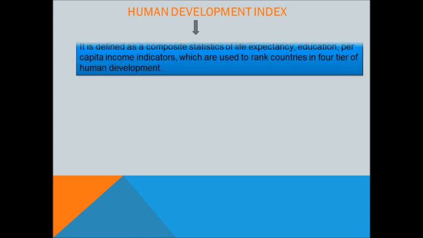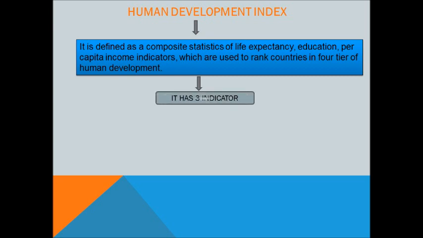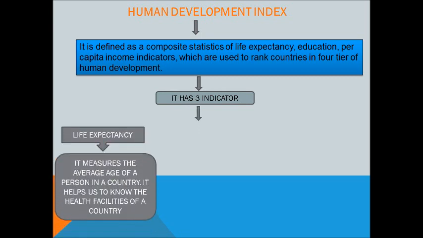It is defined as a composite statistic of life expectancy, education, and per capita income indicators which are used to rank countries in a four-tier scale of human development. It has three indicators. First, life expectancy. It means the average age of a person in a country.